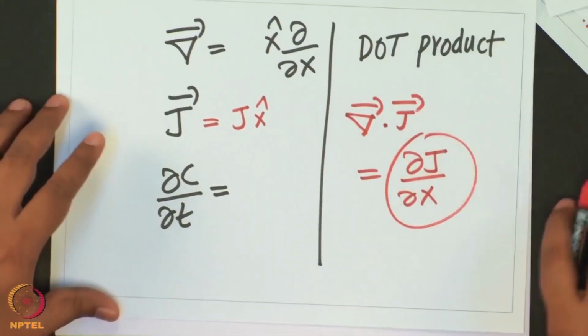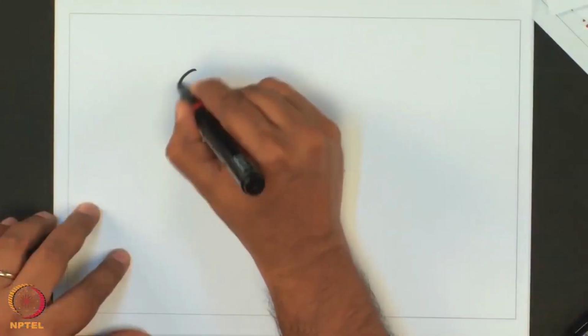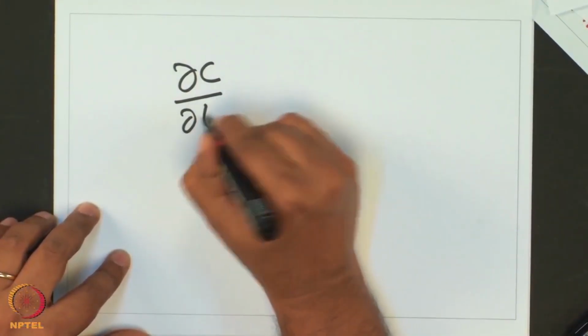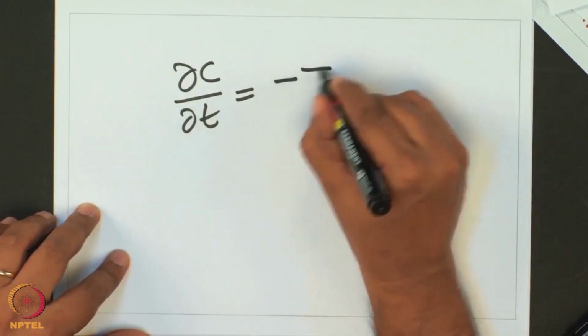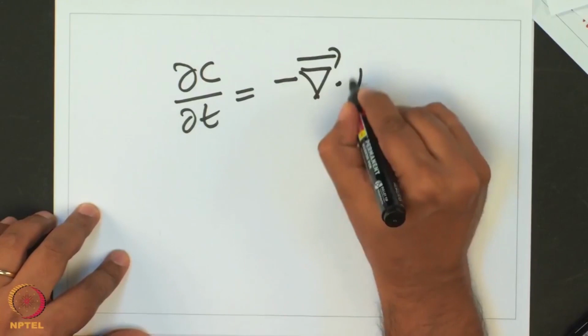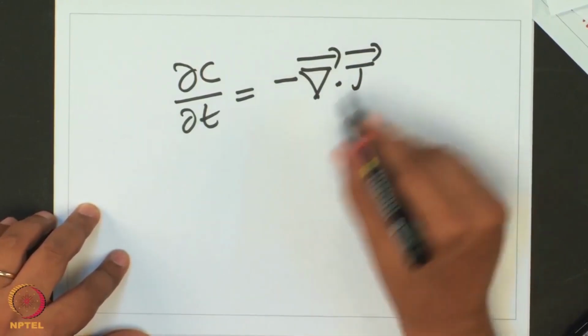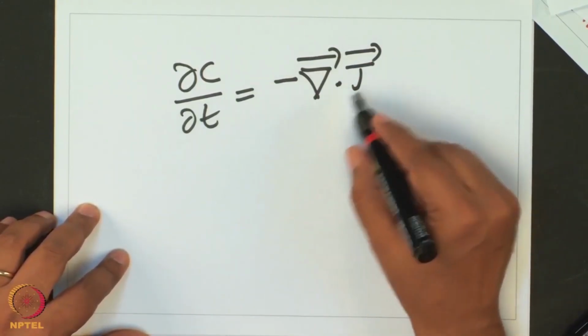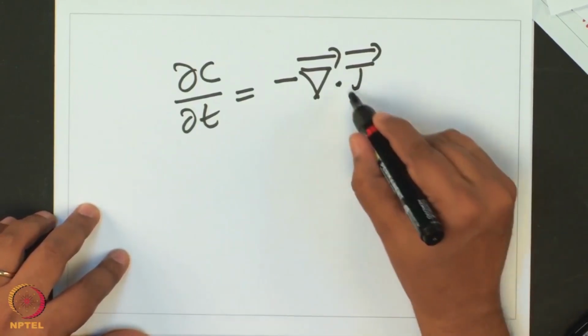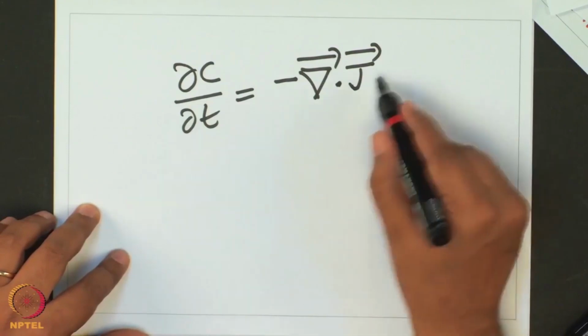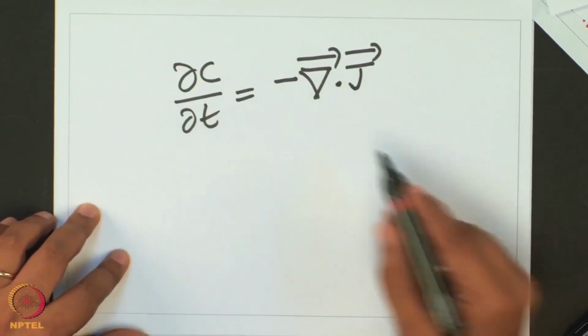In other words, the diffusion equation or the continuity equation is actually, in the vector form, del C by del t is equal to minus del dot J. This is the dot product. I would want you to understand this by studying the dot product of vectors, which we have studied a little bit in school. So, this J is a vector, del is a vector, the dot product of this will give this.